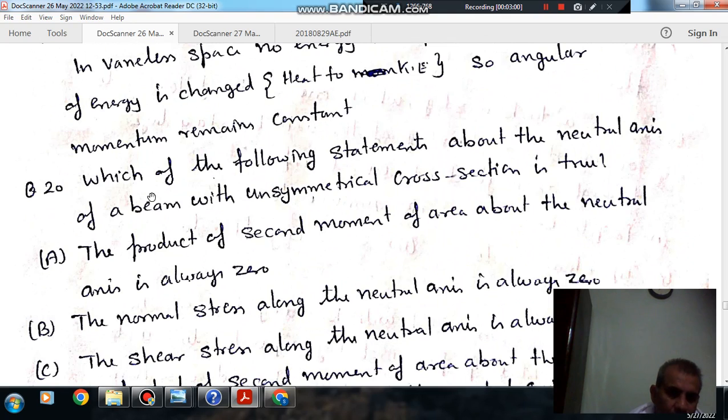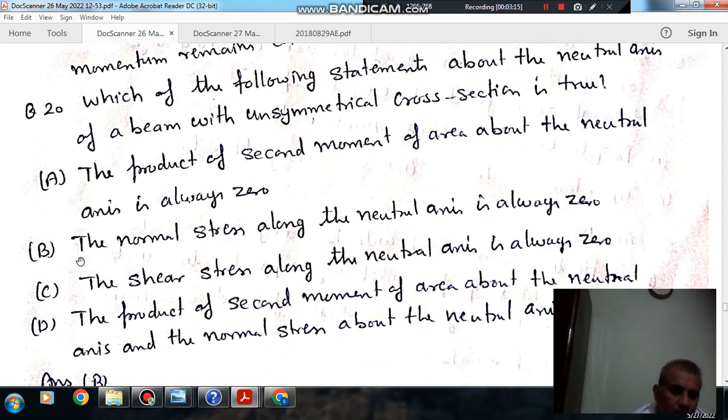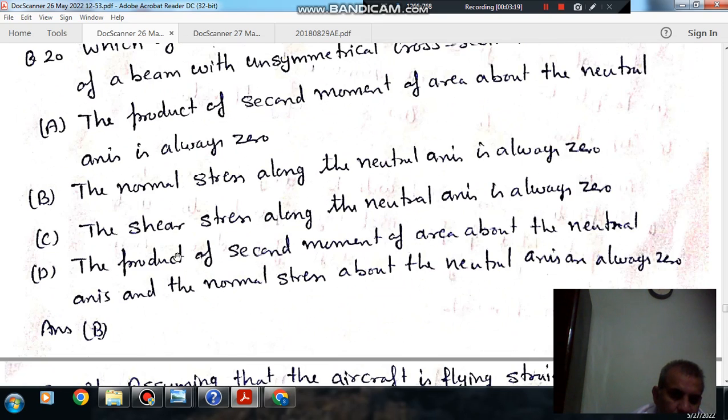Next, question number 20. Which of the following statements about the neutral axis of a beam with unsymmetrical cross section is true? Option A, the product of second moment of area about the neutral axis is always 0. Option B, the normal stress along the neutral axis is always 0. Option C, the shear stress along the neutral axis is always 0.